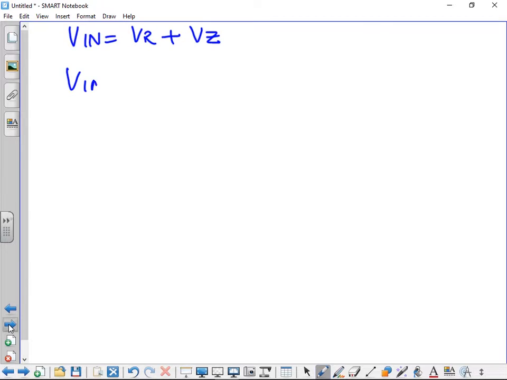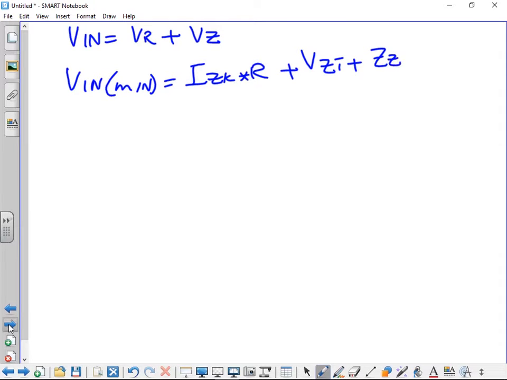And if I'm calculating V in minimum, then VR, as I break it down, is going to be IZK times R, plus VZ, which is my V out, is VZT plus ZZ multiplied by IZK minus IZT.